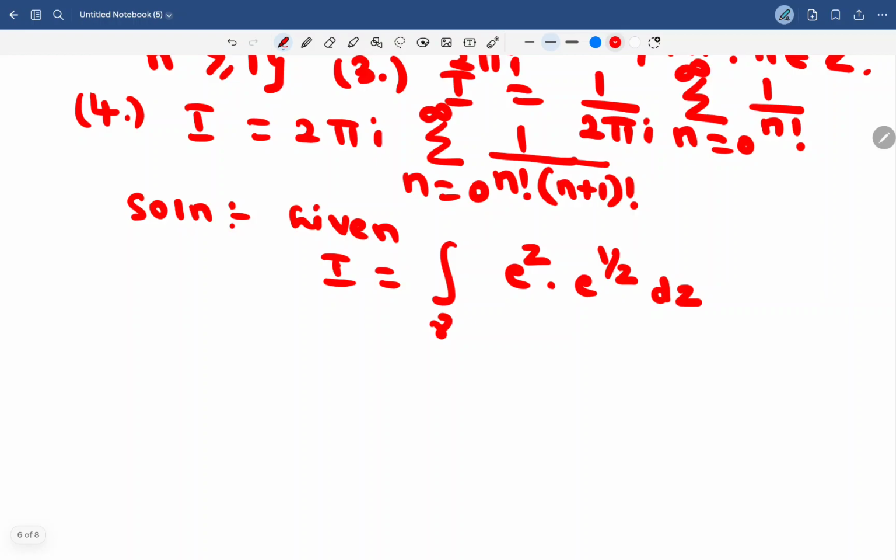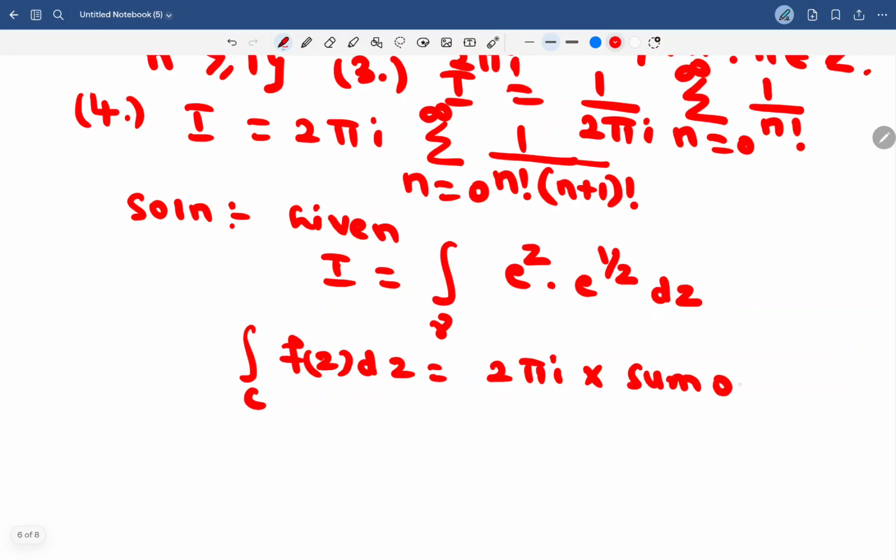For evaluating this integral I, we know very well from the Cauchy residue theorem, the integral over C of f of z dz equals 2 pi into the sum of the residues that lie within C.